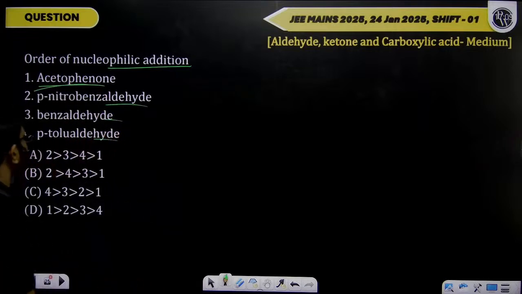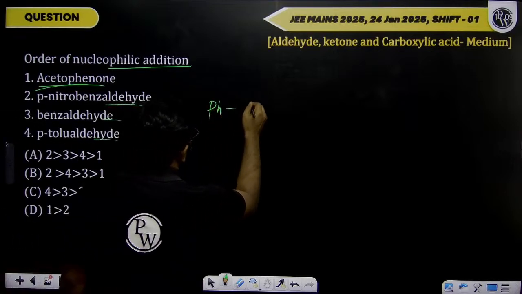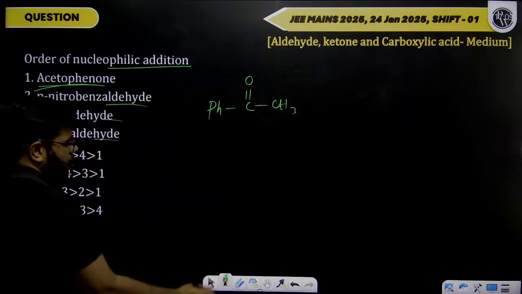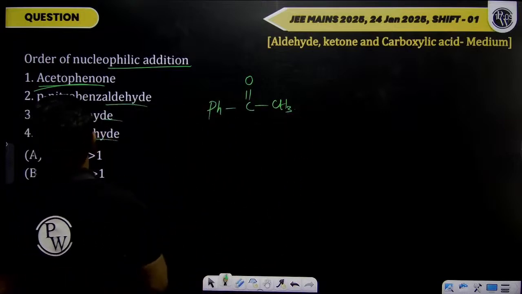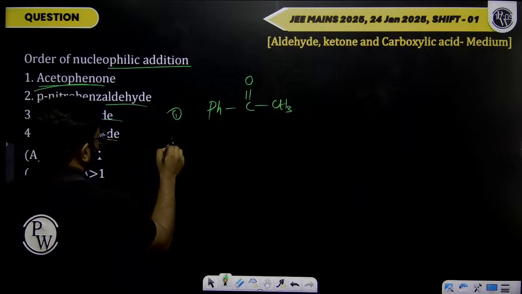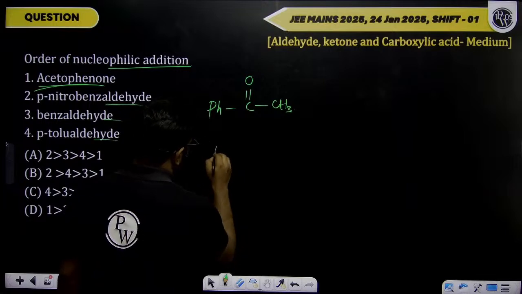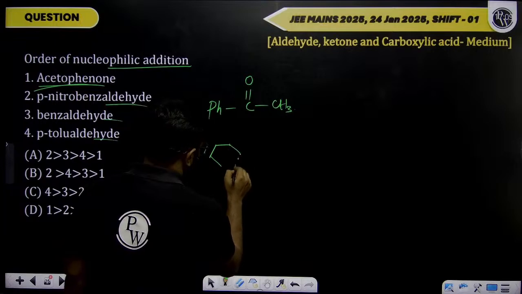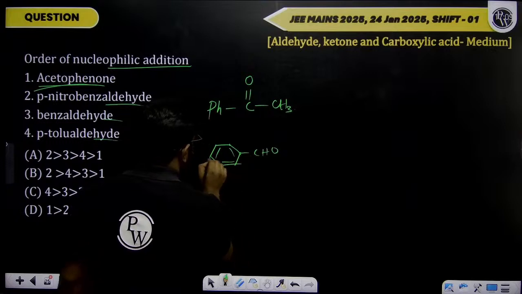Acetophenone means from acetone, one of the groups should be replaced with phenyl, the benzene ring. So this will be Ph C double bond O CH3. This is nothing but acetophenone, so this is one ketone. This is 1. Now 2, what they have given? Para-nitrobenzaldehyde. That means I need to draw benzaldehyde with para-nitro, this one.